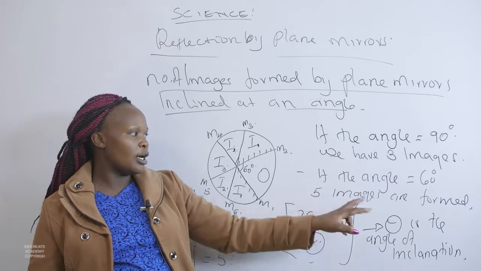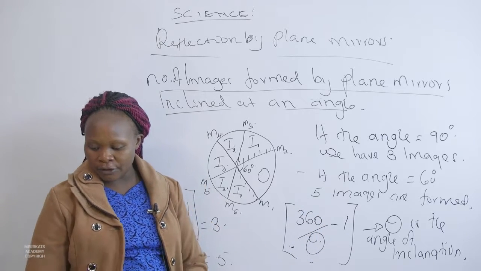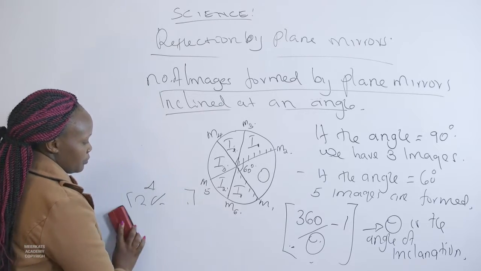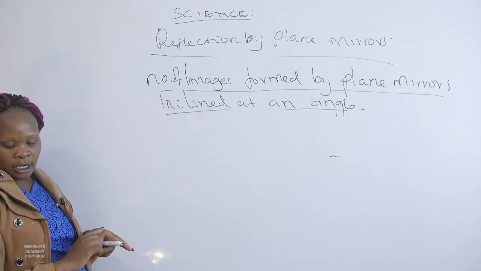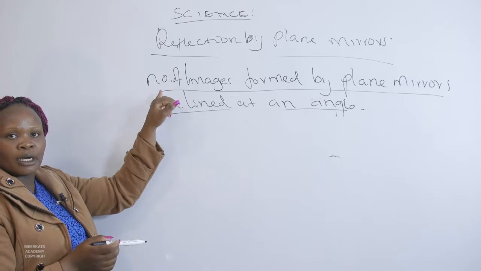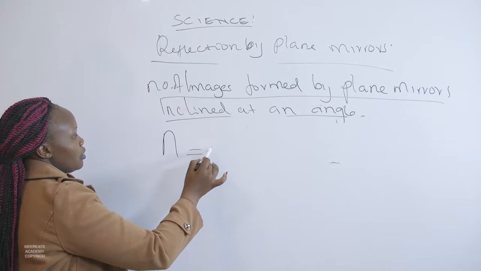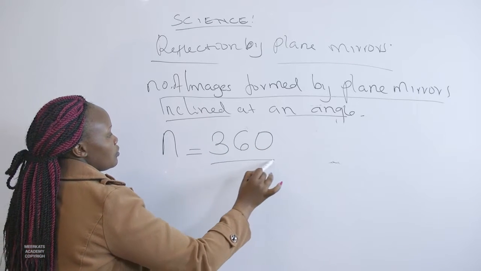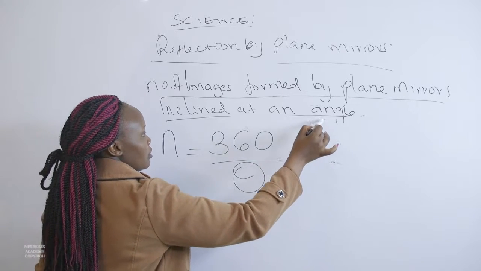When we had our angle as 60, we made 5 images. Therefore, whichever the angle you are given, the relationship that gives the number of images is n equal to 360 over theta minus 1.